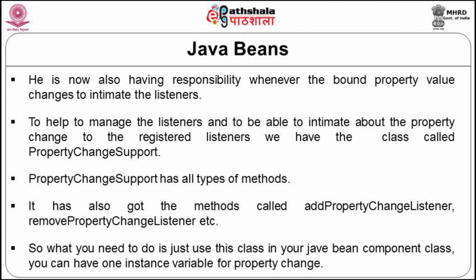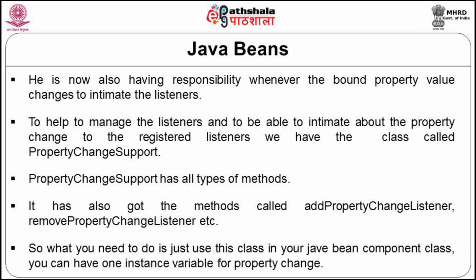To help you manage the property change listeners, and to be able to inform the registered listeners about the property change, we have this class called PropertyChangeSupport, which can be used here. It has all kinds of methods, including add listener and remove listener, with property names.